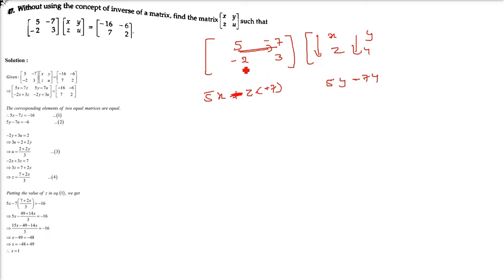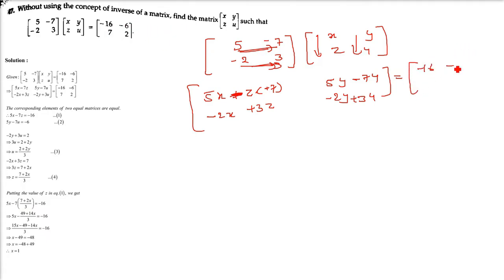Now second row with the first column, negative 2x plus 3z. Now this one also, minus 2y plus 3u. Now this is equal to, on the right hand side we have negative 16, negative 6, 7 and 2.